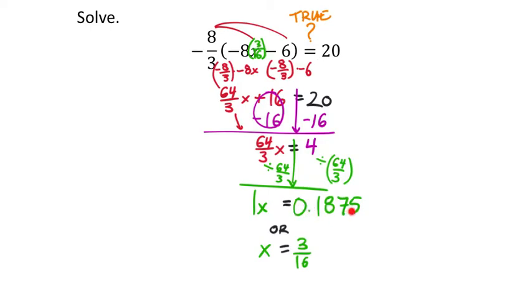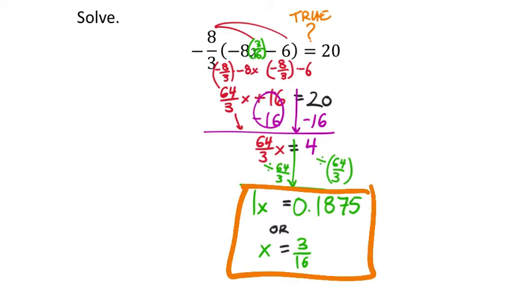That also means that 0.1875 would work. Either one is good. Both are the solution. On the assignment, it should tell you if you need the decimal or fraction. If it doesn't say, then it usually accepts both.